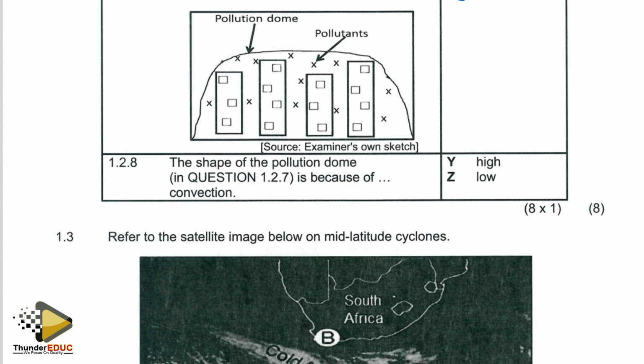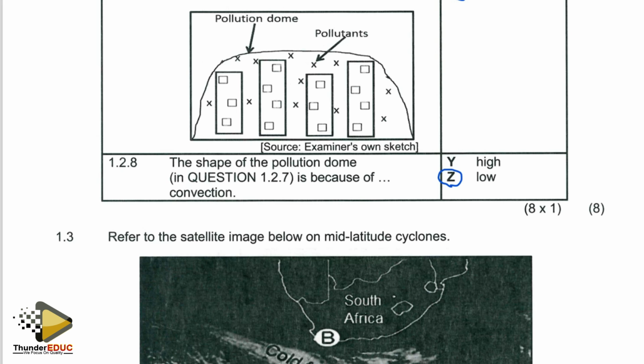There are no convections like what has been discussed earlier on. When you have convection, the pollution dome is raised and the pollutants are dispersed up into the upper atmosphere. But when there is low convection, it means the pollutants will become concentrated and the pollution dome will be lowered down. So it means that's low convection for that response.